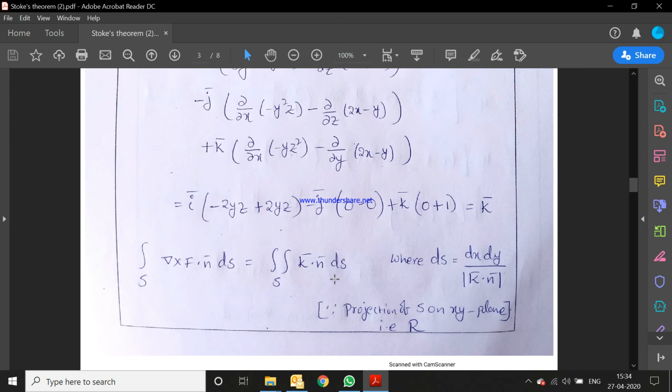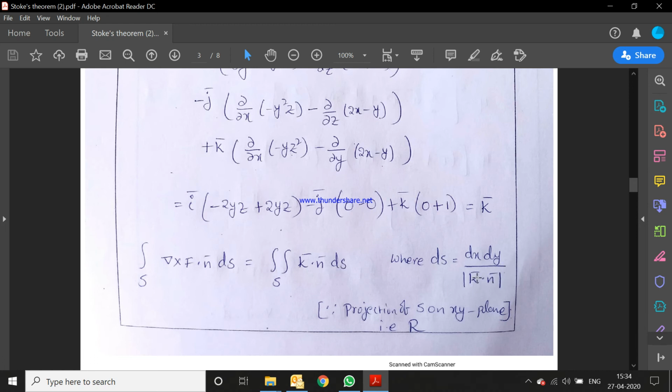Outward drawn normal means z plane, so n bar is k bar. So we can directly write n bar is equal to k bar. K bar dot k bar is 1, so directly we can take dS equal to dx into dy.